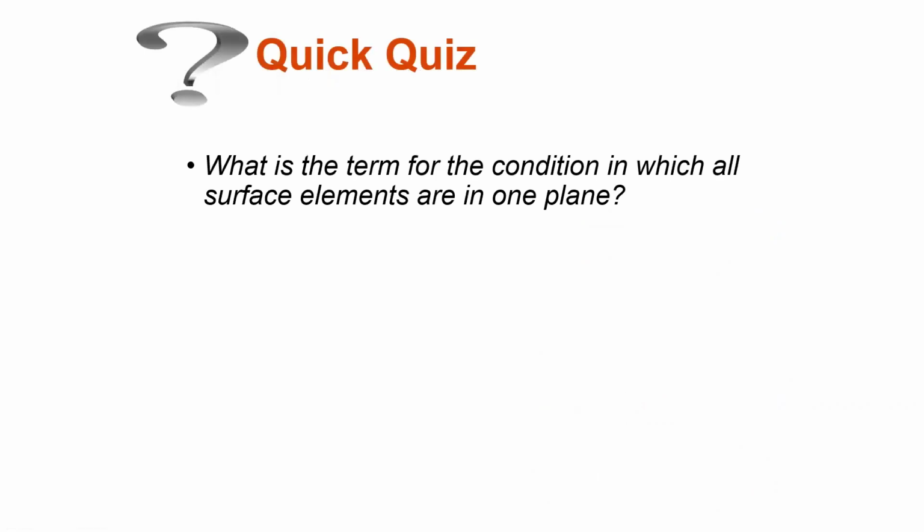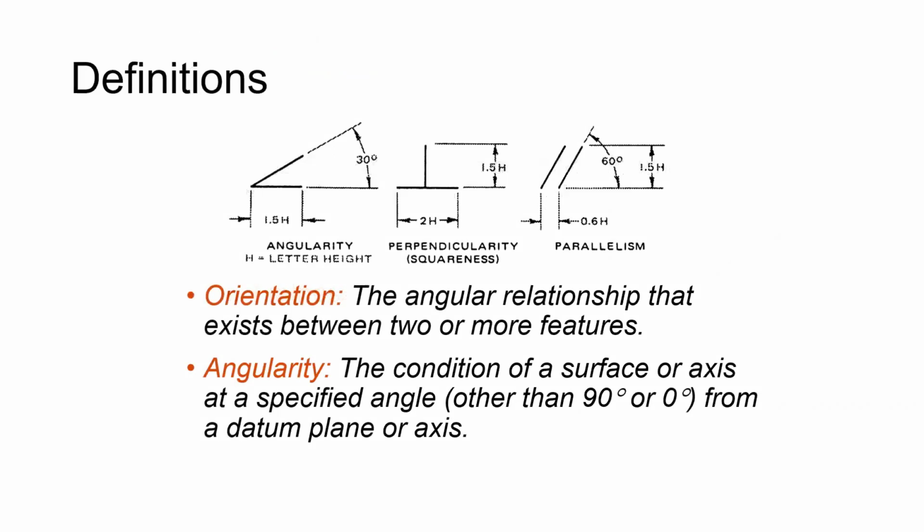That's the term for the condition in which all the surface elements are in one plane: flatness. So these are some of those related orientation controls. Angular dimensions exist between at least two features, so we have to say we're angular in relation to what?